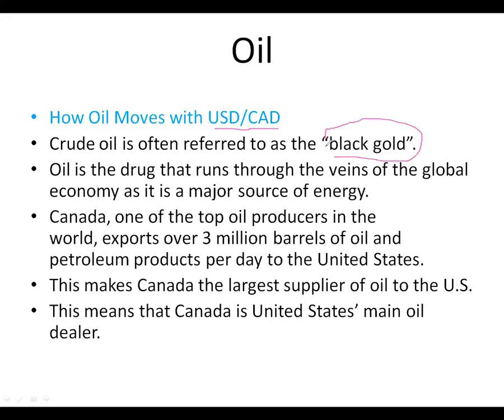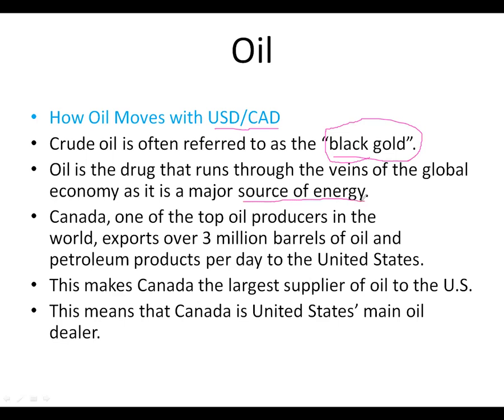Oil is the lifeblood that runs through the veins of the global economy, as it is a major source of what? Energy. All the vehicles, companies, and institutions, even sometimes the electricity, and so many other things, we depend on this black gold called oil, because that is our source of what?